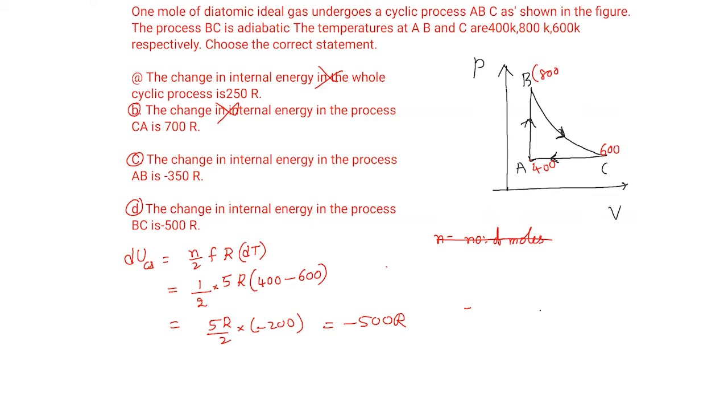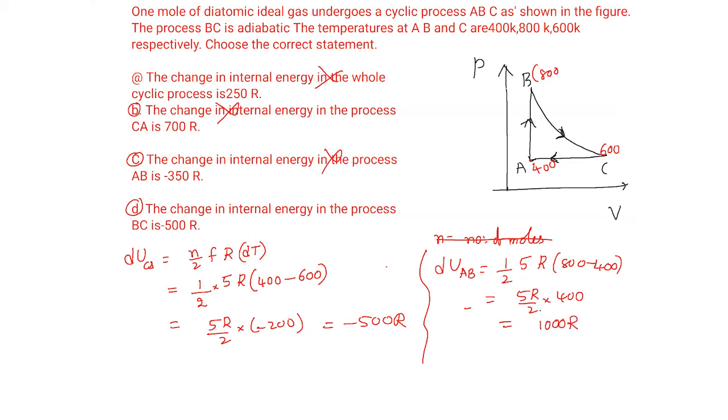The same formula applies. The number of moles is 1 by 2, the number of degrees of freedom f is 5, and the temperature change is 800 minus 400, which is 400. So you get 5R by 2 into 400, which equals 1000 R, so plus 1000 R. So even this is wrong.